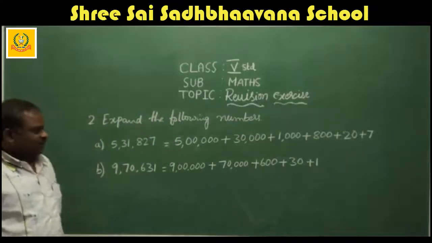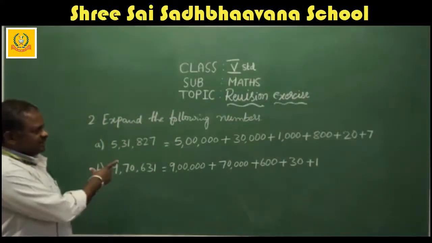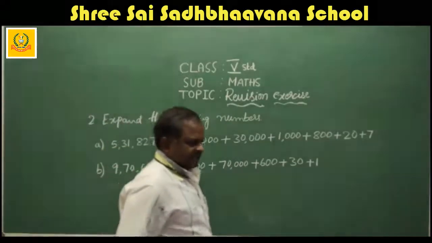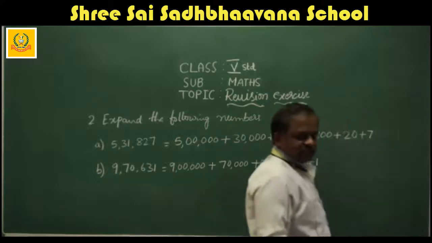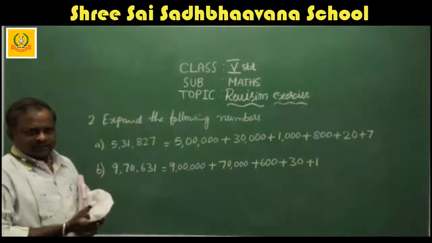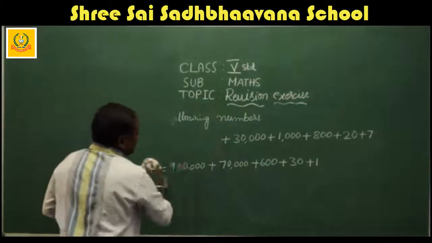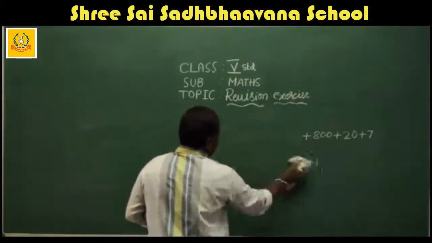So this is how you have to write the numbers in expanded form. Another 2 problems are there; just copy and practice at home. Now we'll go for the third main problem.